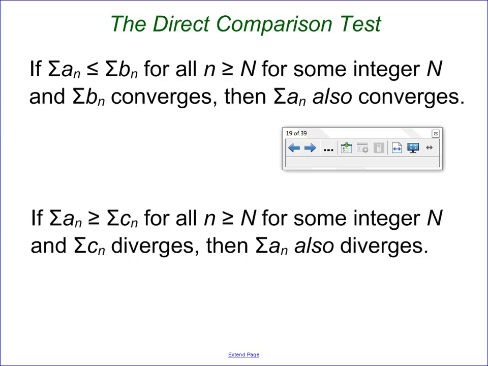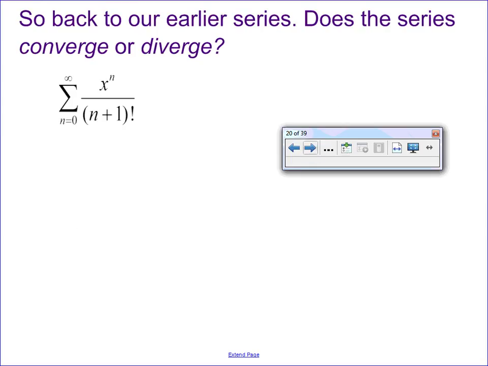In other words, if my series I'm investigating is greater than, right, above a divergent series, then we know that it must also diverge because it's going to be greater than my divergent series. Cool. So the direct comparison test is pretty simple, if we can find, right, if we can find a series to compare with.